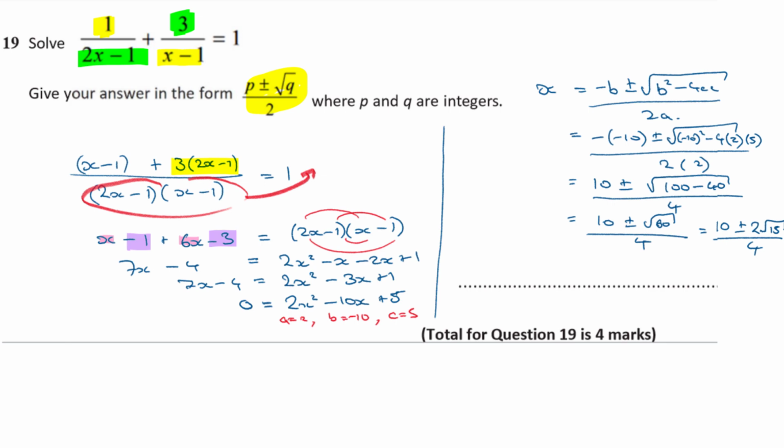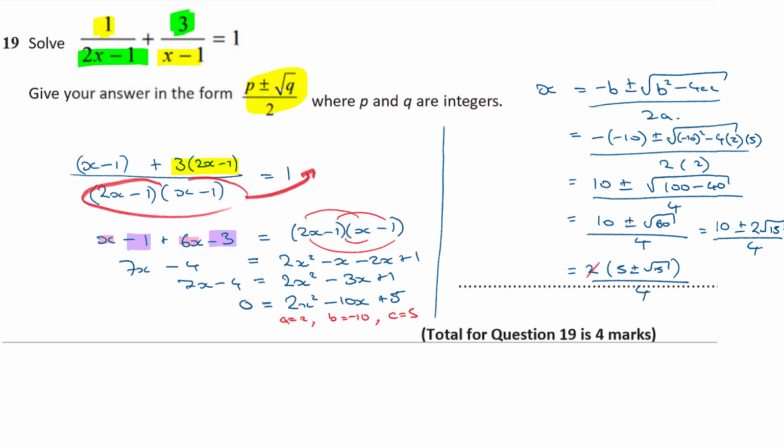Okay, and then I can factorize the 2 out of the 10 and the 2 root 15, divide it into the 4. Okay, and then that will give me what I need. So let's just do that. So that's 2 lots of 5 plus or minus root 15, okay, over 4.